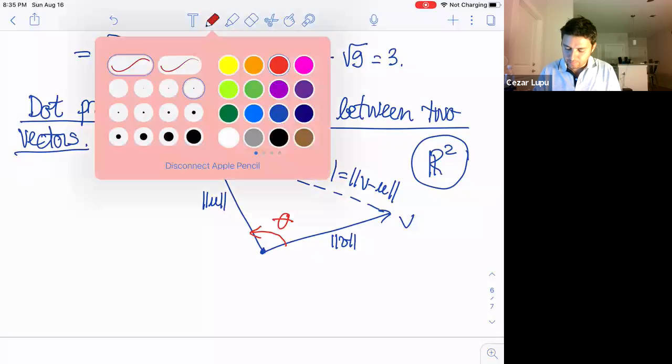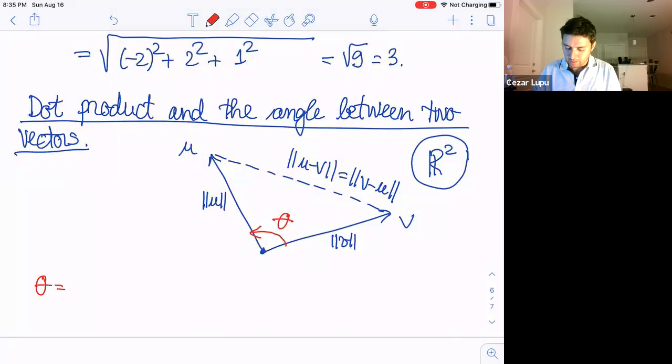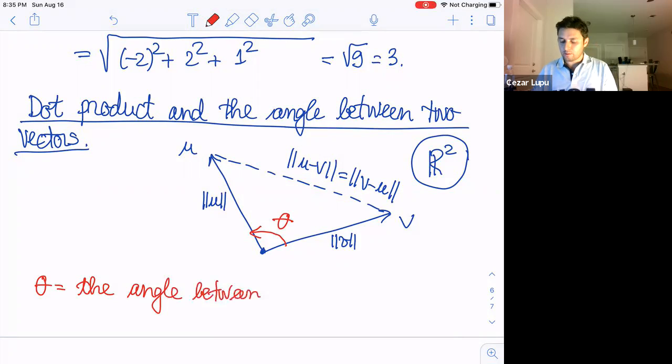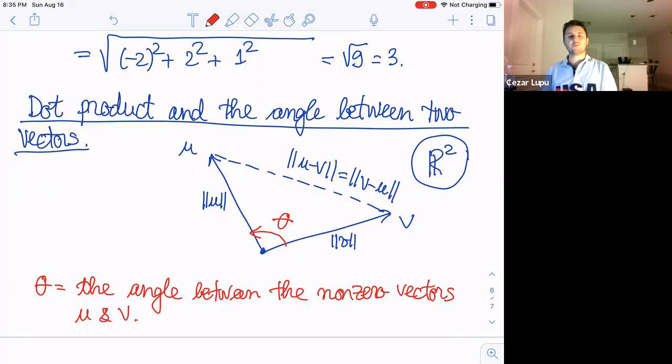Theta is the angle between the non-zero vectors u and v. We have these non-zero vectors. If one of them is zero, there is nothing to talk about. It's not interesting to talk about that.